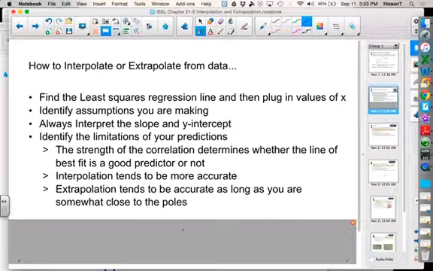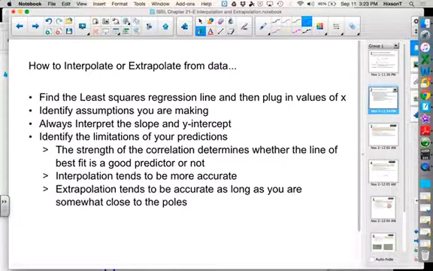One project I used to do with my algebra students when we were talking about linear equations, just for fun, and to explain the limitations of extrapolation, is we would take 2 of the world record times for the men's 100-meter dash. Supposedly the fastest man in the world is the man who holds the record for the 100-meter dash.